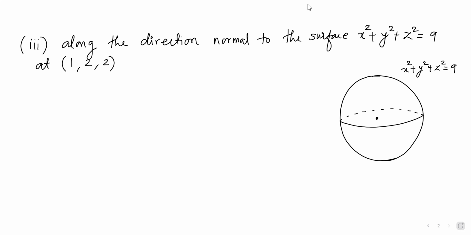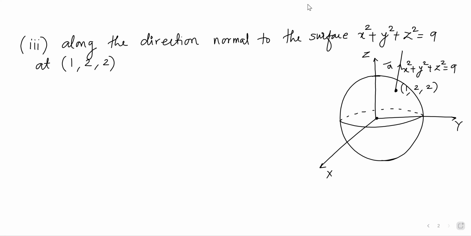Here are the x-axis, y-axis and z-axis, and the point (1, 2, 2) will lie somewhere here, suppose. I want to find the direction normal to the surface. So this is your A bar.